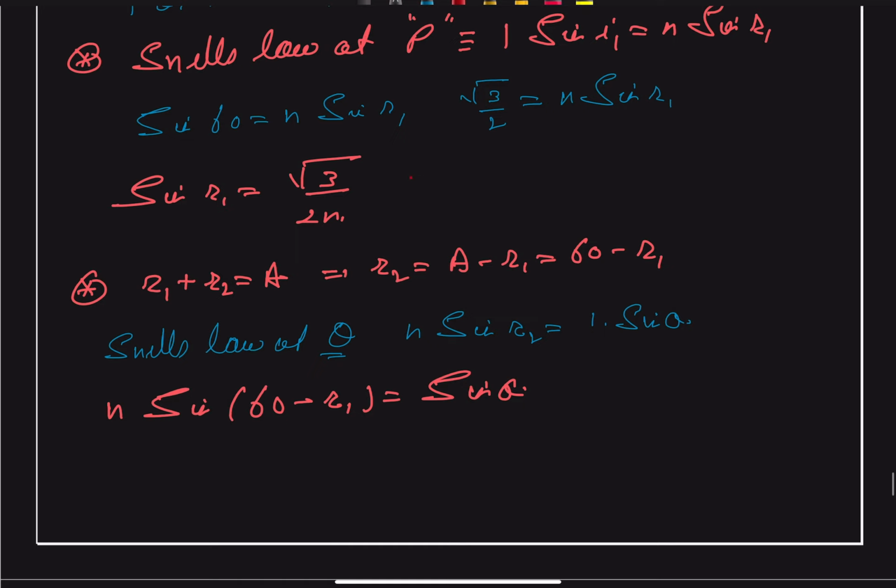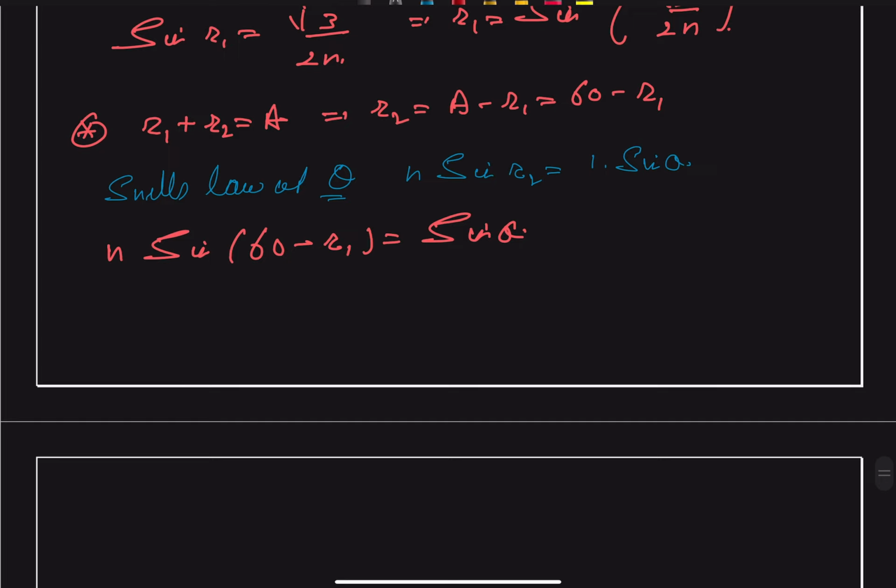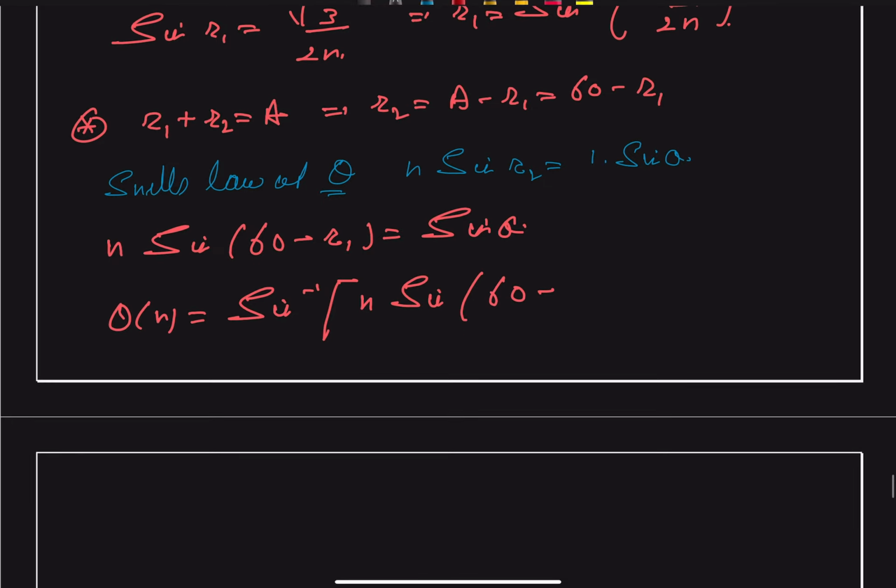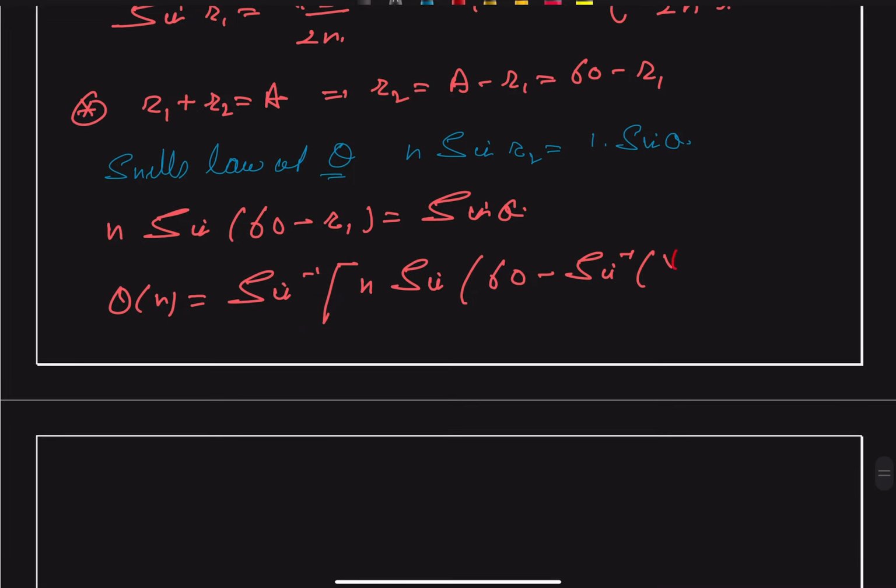So let us calculate R1: R1 is sine inverse of square root of 3 divided by 2n. Therefore we can write the equation that theta n, which is theta depending upon refractive index, will be sine inverse of n sine of 60 minus sine inverse of square root of 3 divided by 2n.